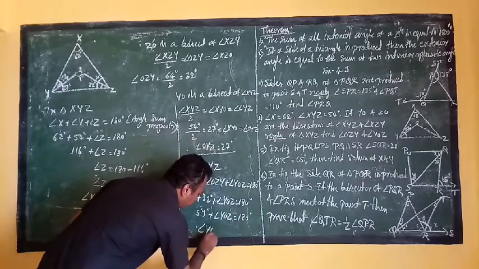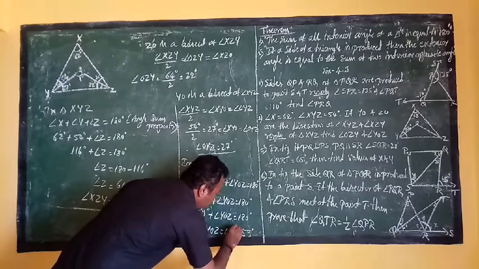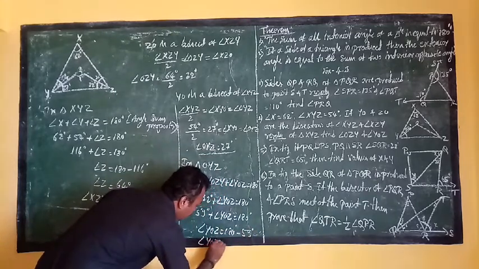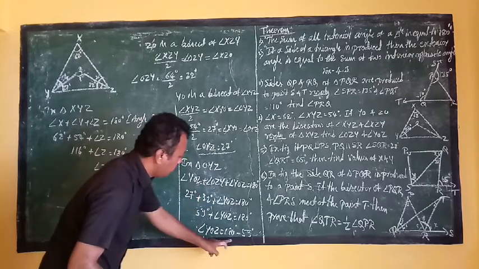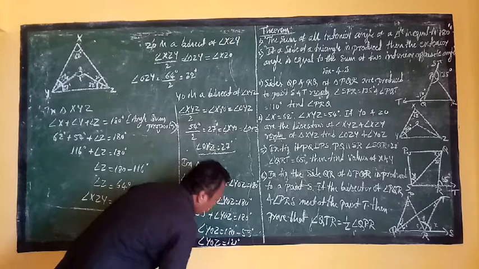Therefore, YOZ is equal to 180 minus 59, which becomes 121 degrees.